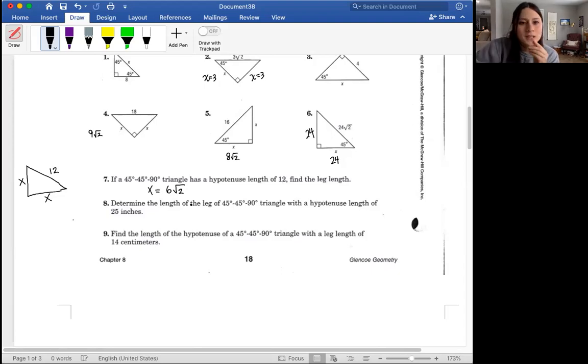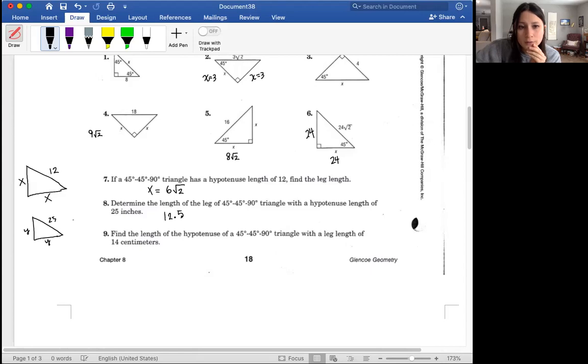Number 8, determine the length of the leg of a 45, 45, 90 with a hypotenuse length of 25 inches. So this time you have, let's say this is y and y, and this is 25. So we have to just divide 25 by 2. 25 divided by 2 is 12.5.